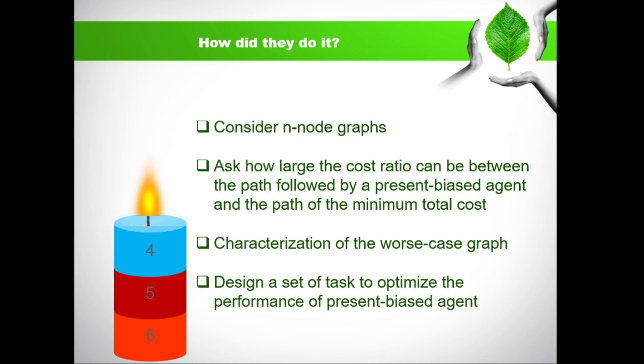It shows that in any instance, the number of distinct paths can be super polynomial in n. The study must design a set of tasks to optimize the performance of a present bias agent. It also shows how an agent can be more efficient when nodes and/or edges are deleted from the underlying graph.